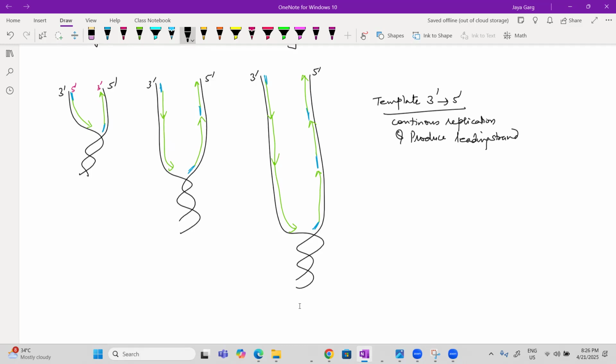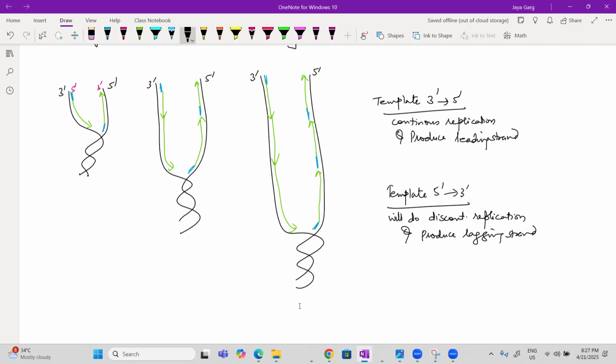Is it comfortable up till here? Yes, ma'am. And the template which is running from 5' to 3' will do discontinuous replication. Not continuous, it's a discontinuous replication, because of which it produces the lagging strand.